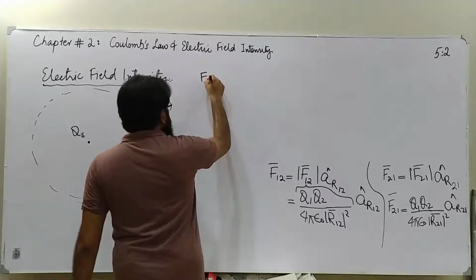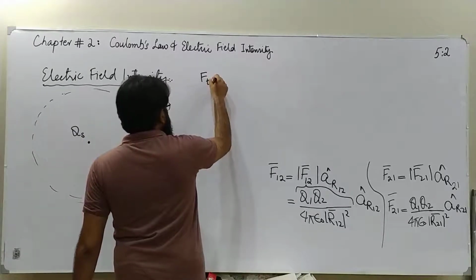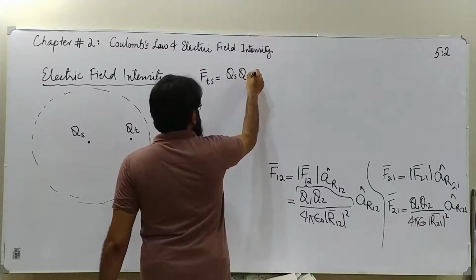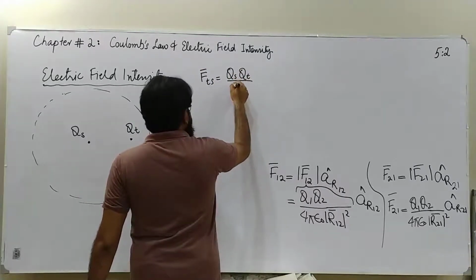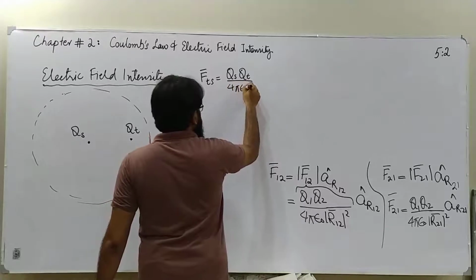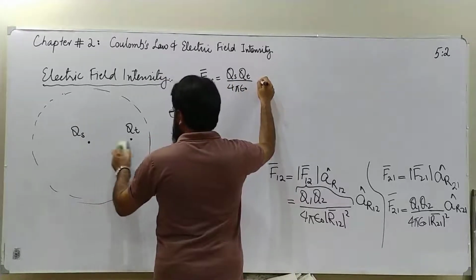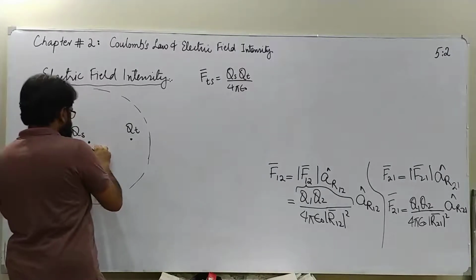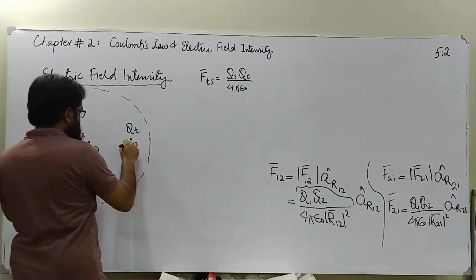So the force on the test charge due to the source charge is equal to Q_S Q_T divided by 4 pi epsilon naught. Let's say this is a positive charge and this is also a positive charge.